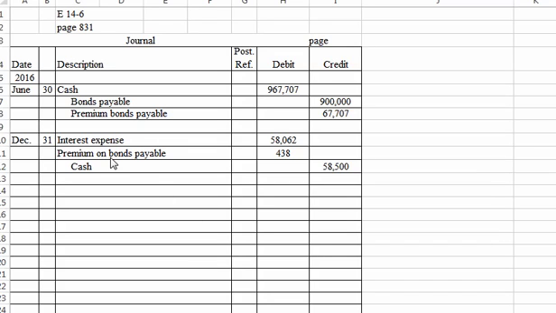The amortization of the premium is smaller in this problem because we're dealing with much smaller numbers. The face amount of the bonds here was $900,000. I think in one of our problems it was $320,000, or excuse me, $320 million. So that's going to make our numbers quite a bit smaller here.